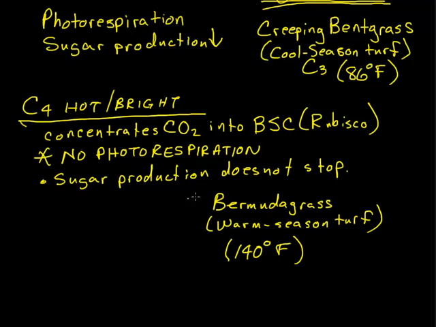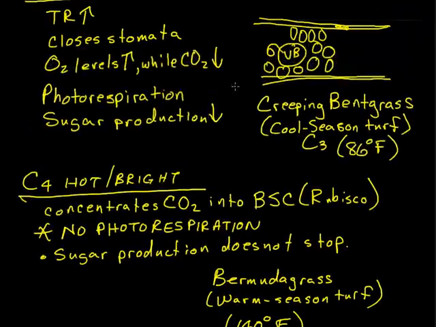Now, it can do this and also conserve moisture because it never runs out of CO2. Creeping bentgrass, to conserve moisture, closes its stomata, but then it's in a real dilemma. It needs to open its stomata to keep a steady supply of CO2 coming in, but it can't do it because it will lose too much water and wilt and die immediately.